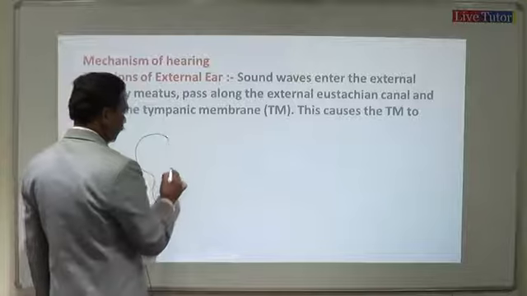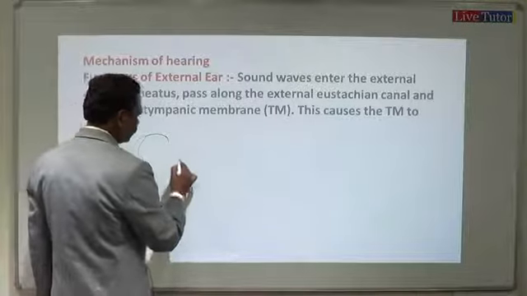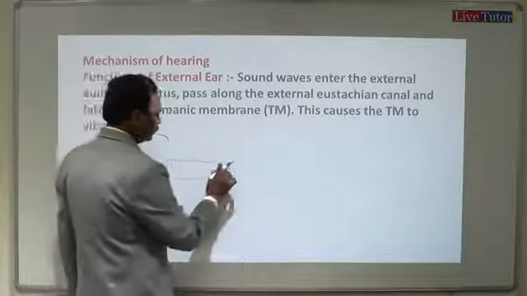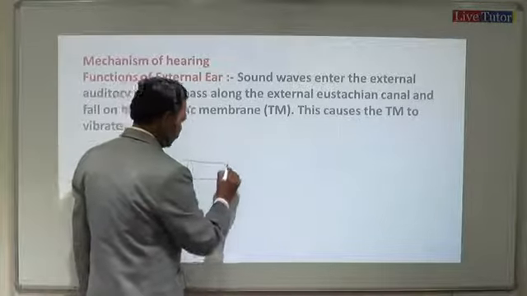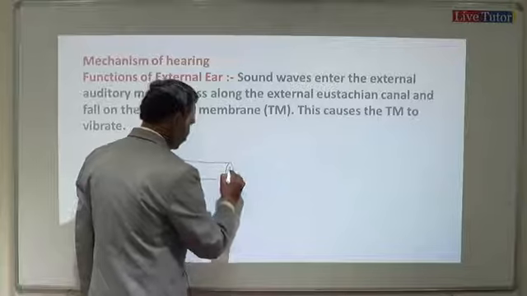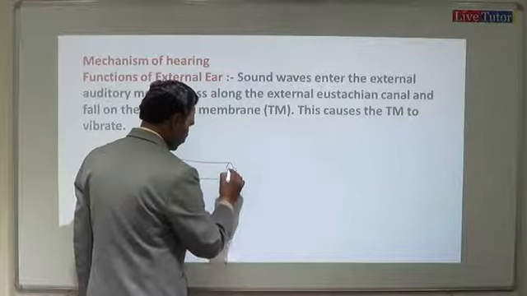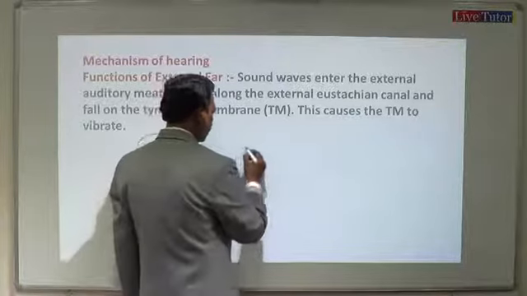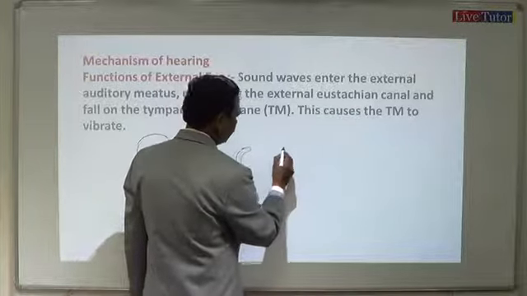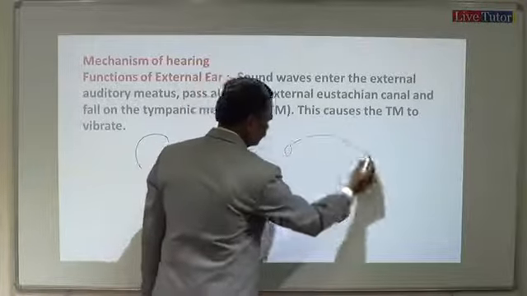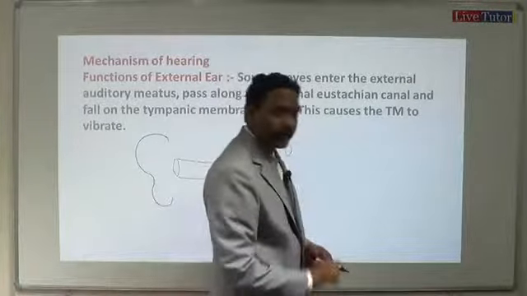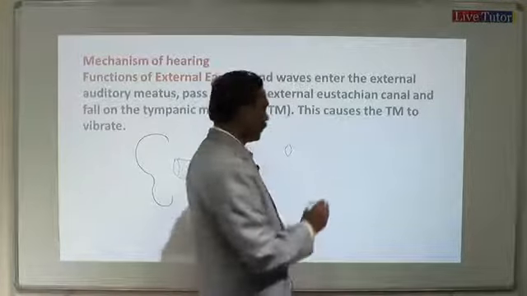This is the pinna, the auditory meatus, here the eardrum, and here the malleus. This diagram is a schematic representation for understanding.